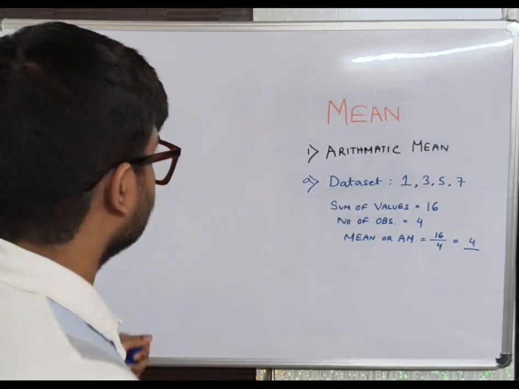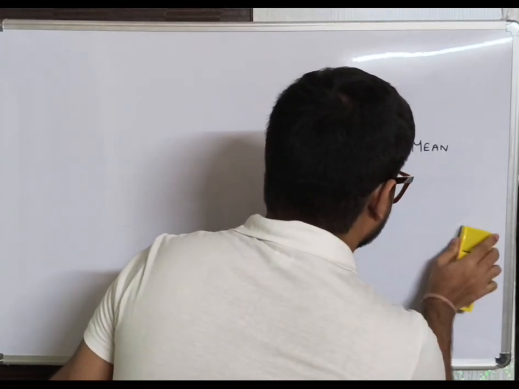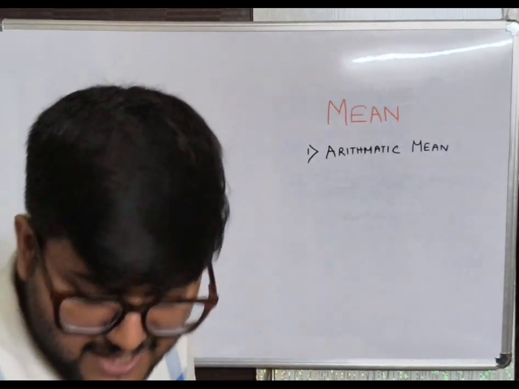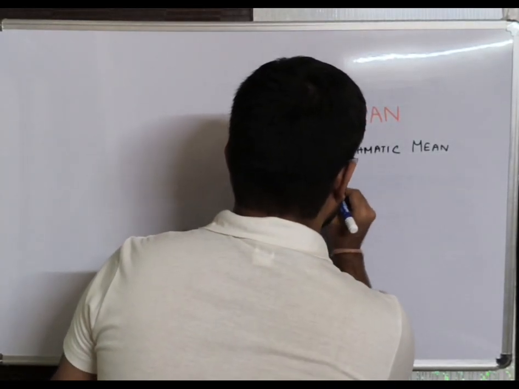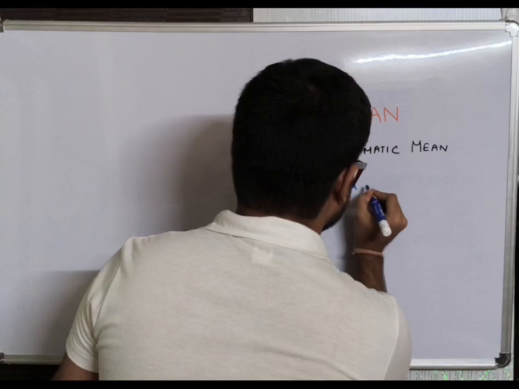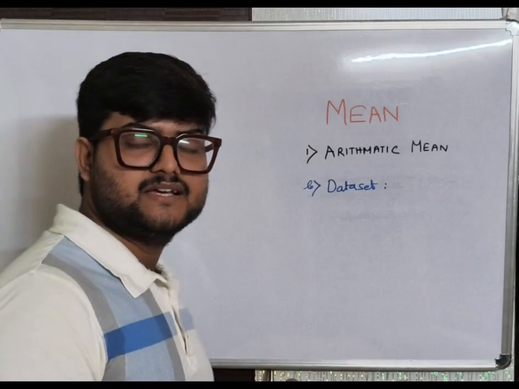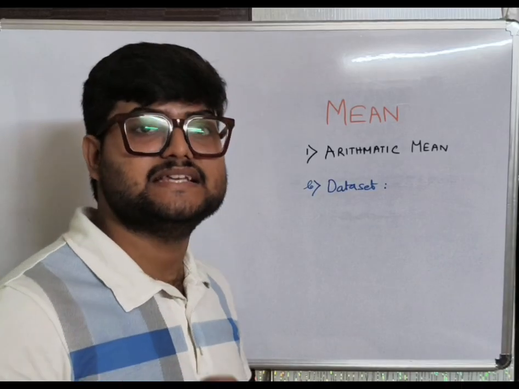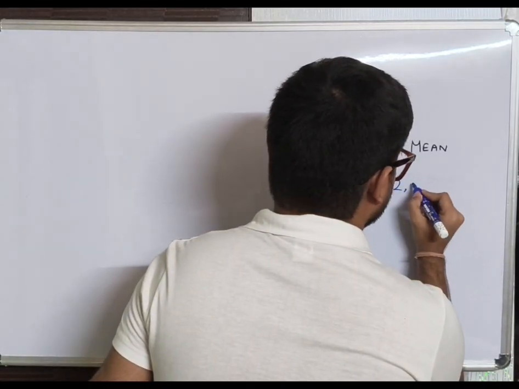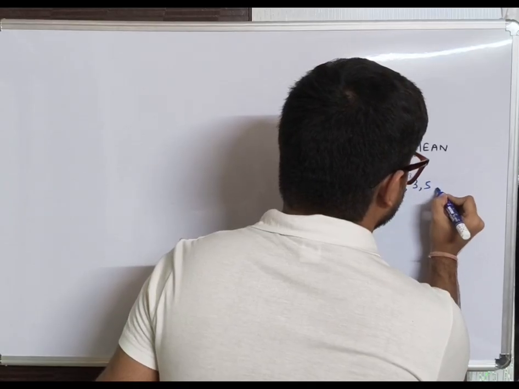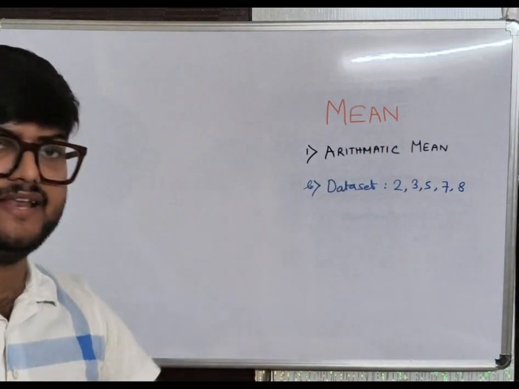Now a different example. Here we had 4 values, or even values. Now say in a data set we have odd values, that is the total number of values in a data set is odd. Let's say 2, 3, 5, 7, 8.